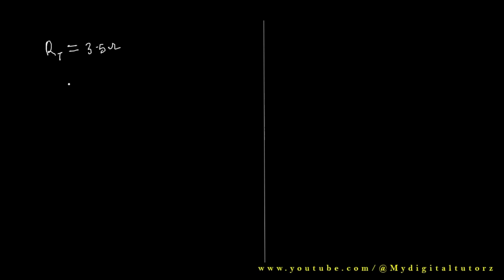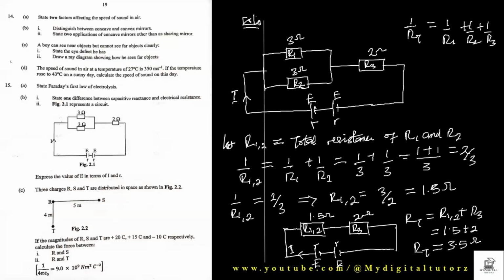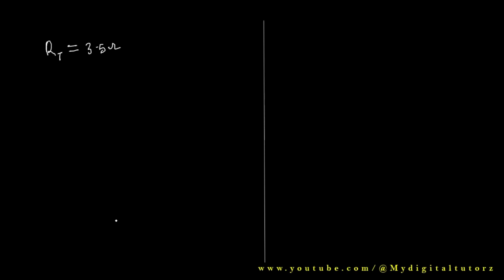Then, since the first cell has EMF of E, E1 is equal to E, and E2 is also equal to E. They are in series, therefore E total is equal to E1 plus E2.